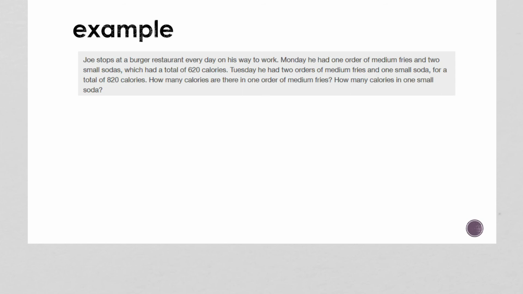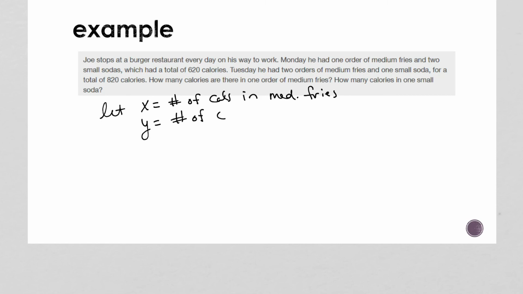All right, so we're going to let x equal the number of calories in medium fries, and we're going to let y equal number of calories in a small soda.